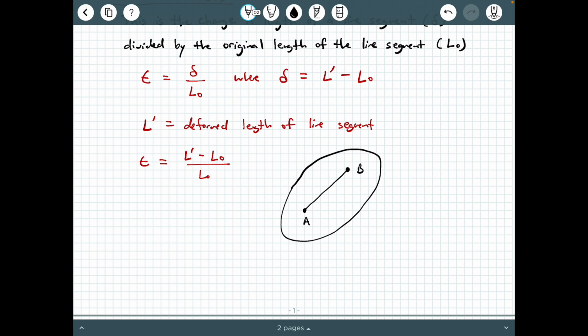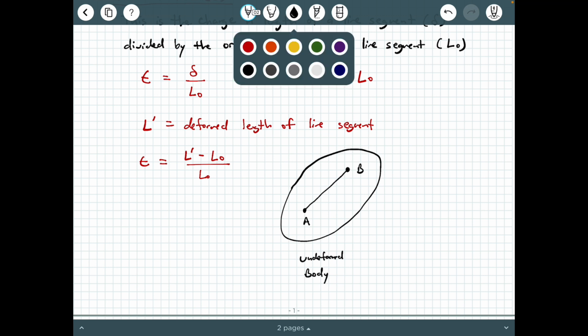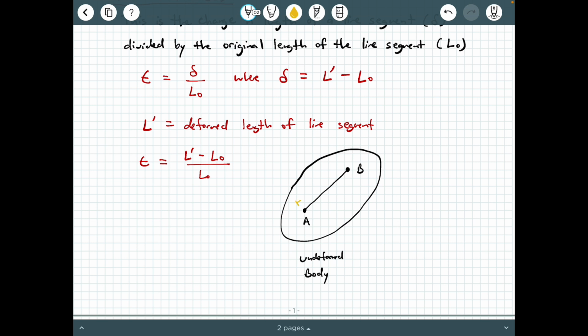Maybe it's a structure, maybe it's a building, maybe it's a machine, maybe it's a table, whatever, okay? And so we're going to call this the undeformed body, okay? Now, what is the original length of this line segment? Well, that's going to be that value of L naught, all right?